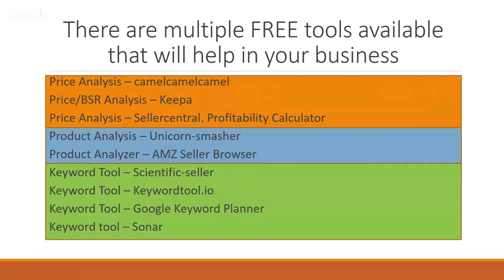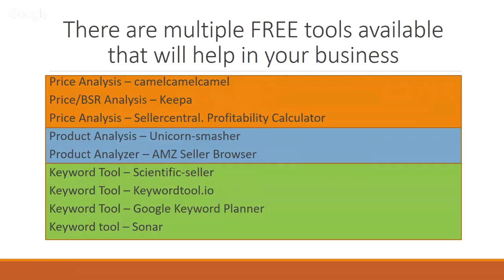So 4 good keyword tools that are free: Scientific Seller, keywordtool.io, the Google Keyword Planner, which I'll go through how to use, and a little tool called Sonar. So these are the tools that we're looking at today.